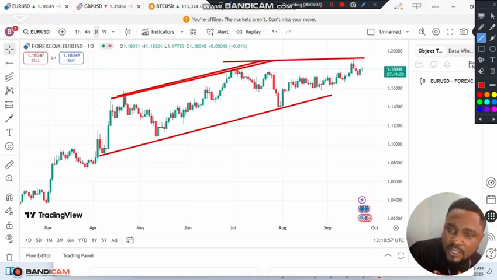You see that price moved to this point here, and then pulled down with the wick, and then it formed a red body, telling you that right here is a fully fledged reversal taking place.